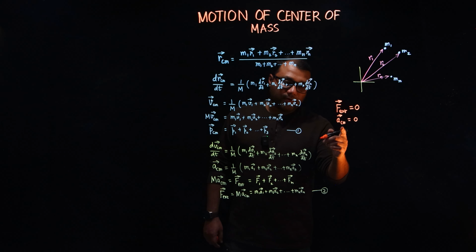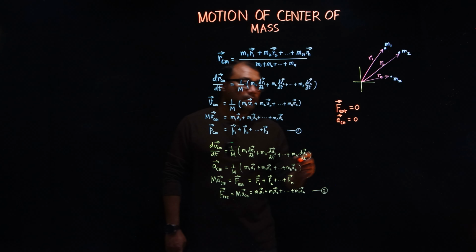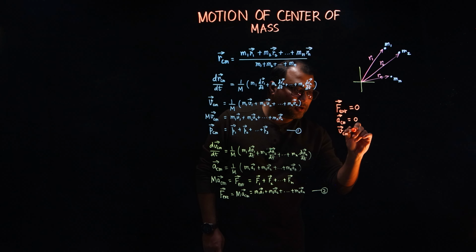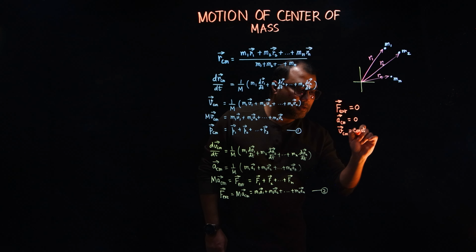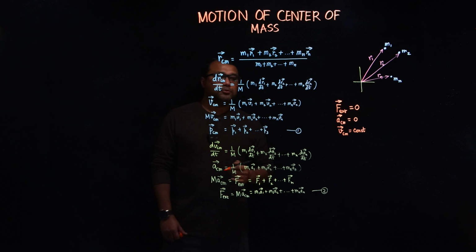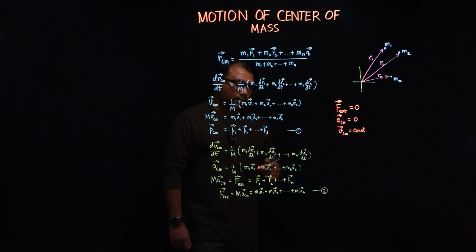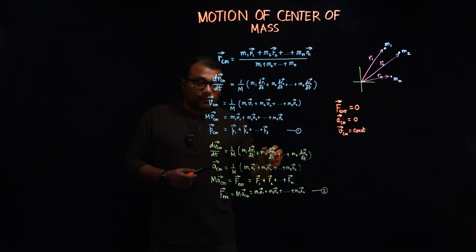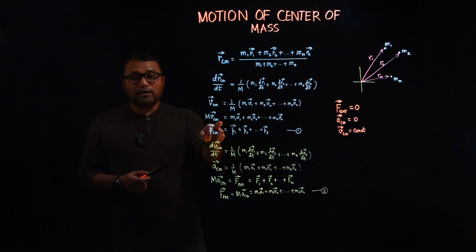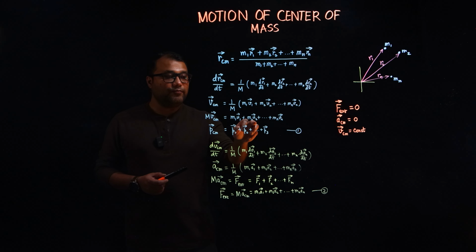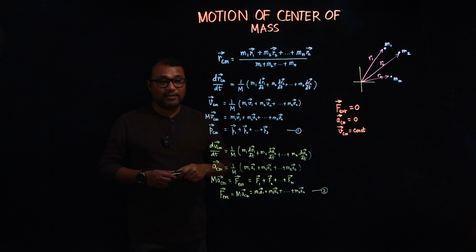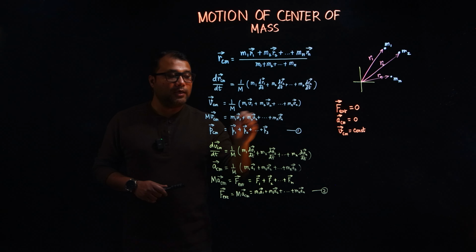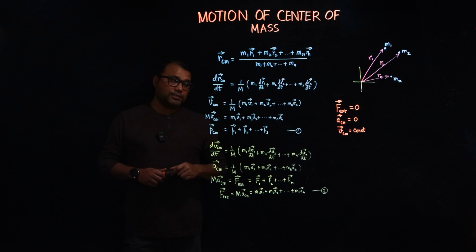Okay. Now if acceleration of center of mass is 0, that means velocity of center of mass is constant, not 0, constant, because when we differentiate a constant with respect to time, it is 0. Okay. So velocity of center of mass is a constant. Again, when velocity of center of mass is a constant, it does not mean V1, V2, Vn are all constants. They can be variable, but the vector sum of M1V1, M2V2, MnVn will be constant.